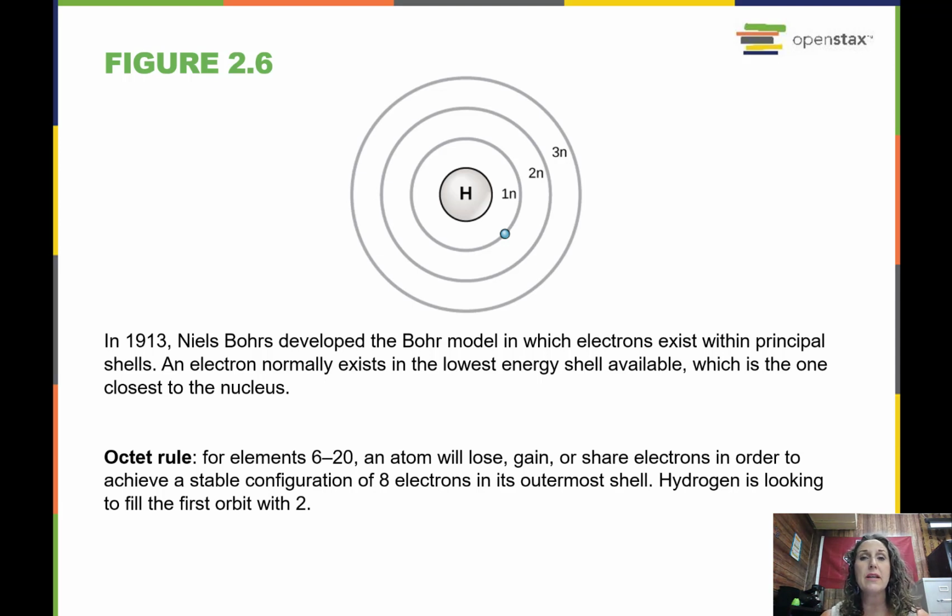So for example, right here you have hydrogen. Hydrogen's outermost shell is just the first shell, and it only has 1 electron. So in order to be full on that first shell, it has to have 2 electrons. So hydrogen is going to go around looking for someone to share or donate an electron.